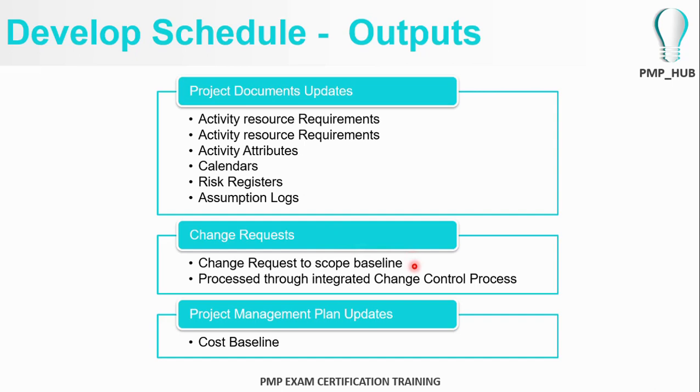Then you should go through the integrated change control process to change the scope baseline, because by this time the scope baseline is fixed. This also has a direct input to the cost baseline, which will be covered in future videos.